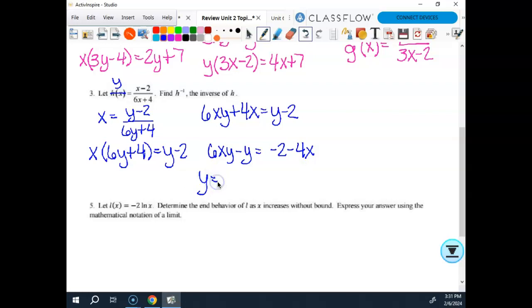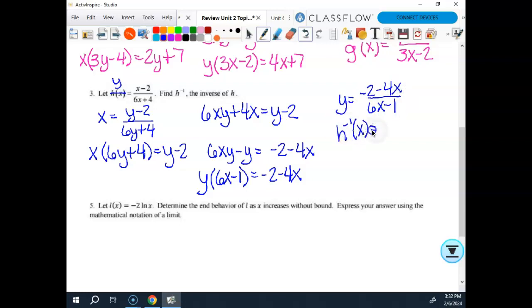I'm going to factor out y times (6x minus 1) equals negative 2 minus 4x. Then I divide: (negative 2 minus 4x) over (6x minus 1). So that means that h inverse of x is equal to (negative 2 minus 4x) over (6x minus 1).